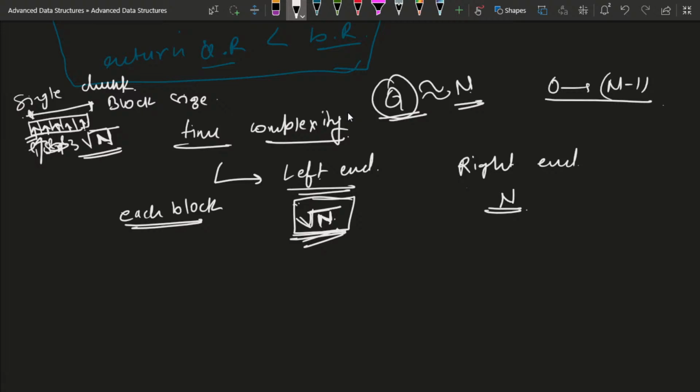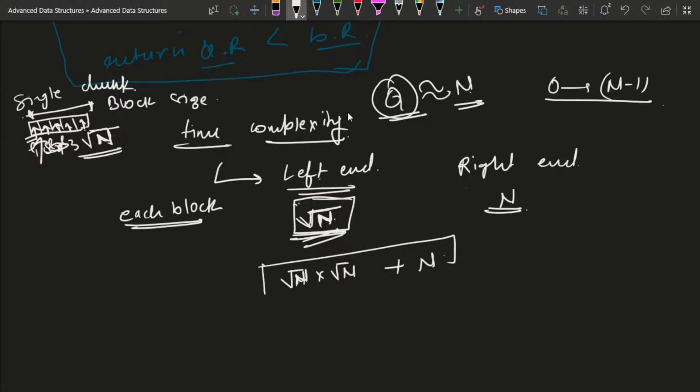If this is the case, you would have root n queries. So for answering the root n queries, you would have root n into root n here, plus n, because the number of queries doesn't matter for the right hand. You can move it all the way from 0 to n minus 1.